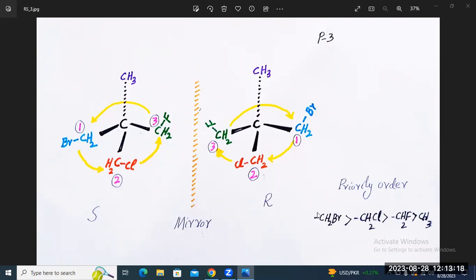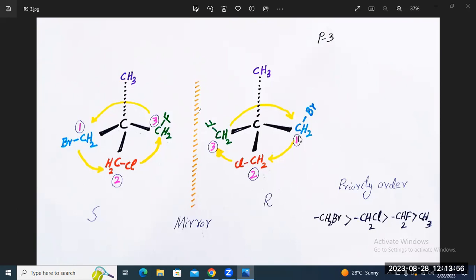If we can't decide on the atom which is directly attached to the chiral carbon, then we decide on the atom which would be attached to the carbon which is directly attached to the central carbon. So we'll see the priority of the atoms which would be attached on the second line.